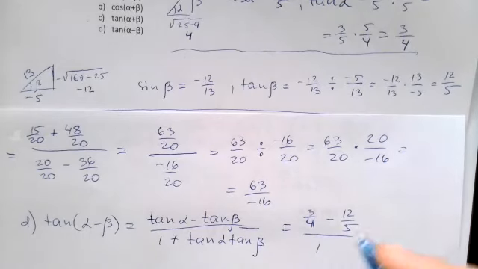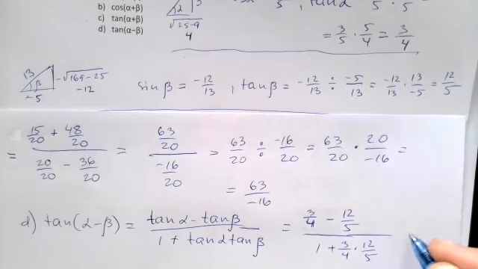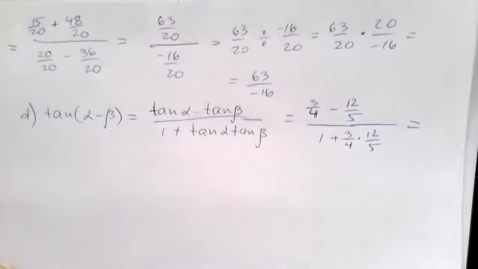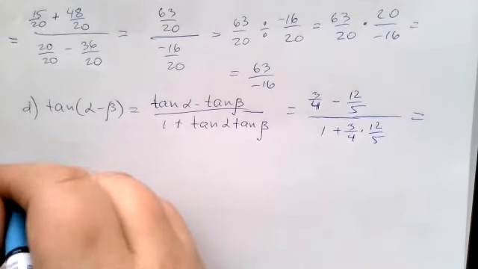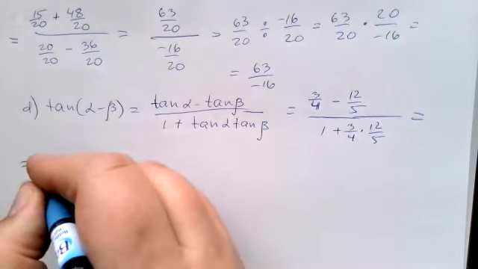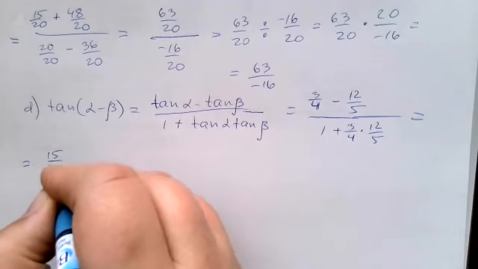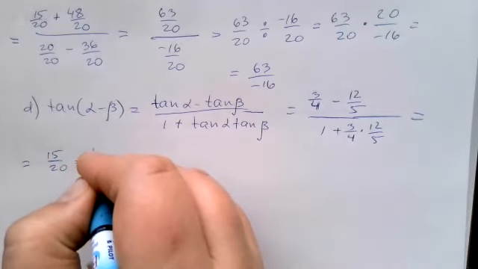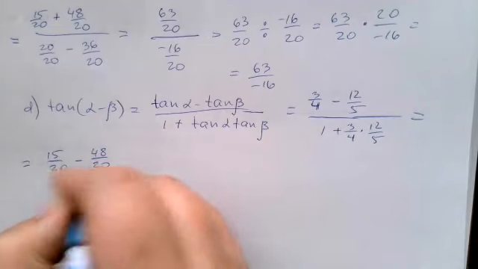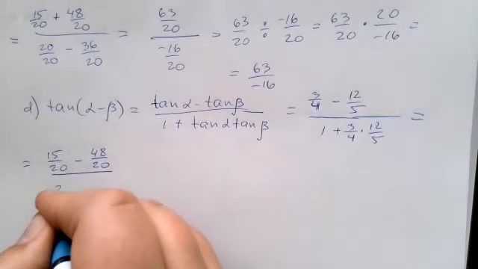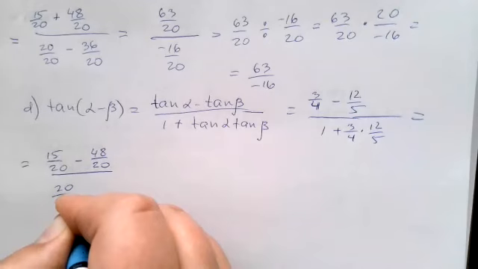So I'm going to apply the same strategy as in the previous question. We're going to find the LCD and combine. So I'm going to have 15 over 20 minus 48 over 20. 1 turns into 20 over 20.